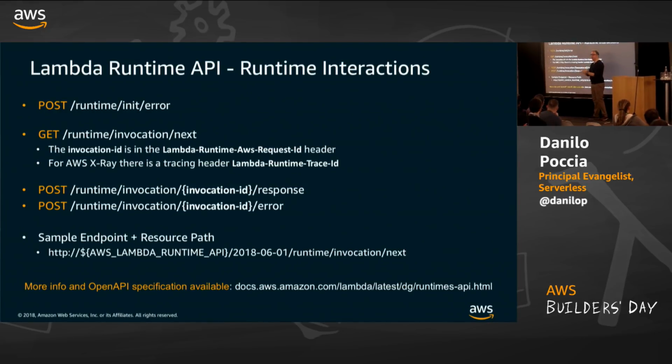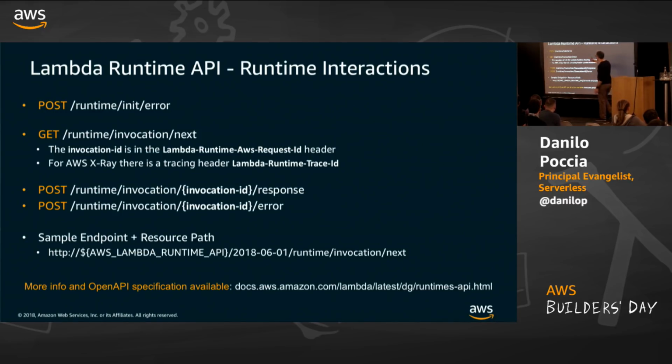At the end of the processing, and you can use any language that you want, you need to post to /runtime/invocation and then use the invocation ID that you got from the GET here in the path. And then you can post a response, if everything is OK with your return code, or an error if there is an error. So it's very simple.